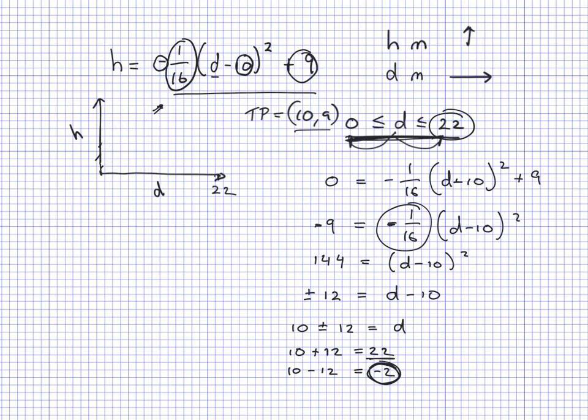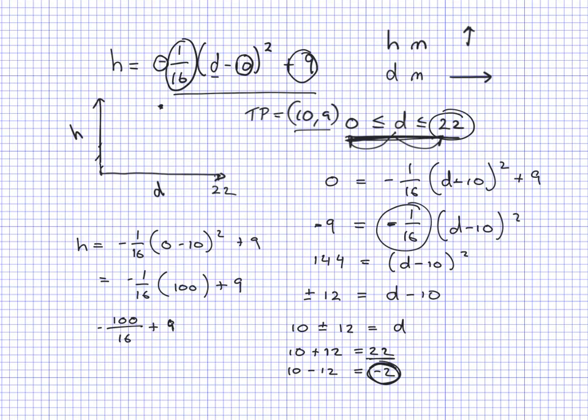So, fastest way to find the y-intercept is to set x equal to 0. So we've got h equals minus 1/16, 0 minus 10 squared plus 9, which equals minus 1/16, 100 plus 9, which is 100 over 16 plus 9.